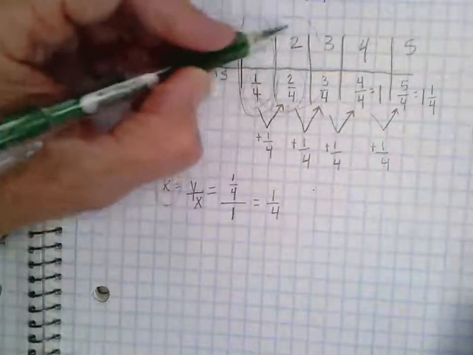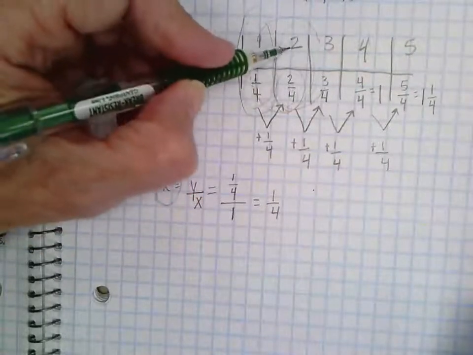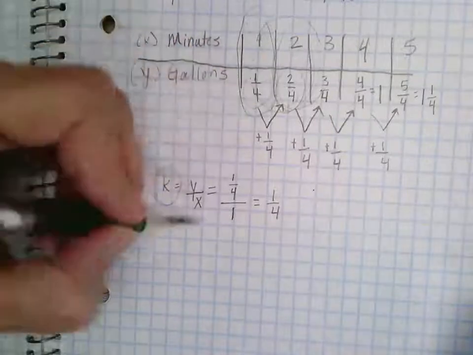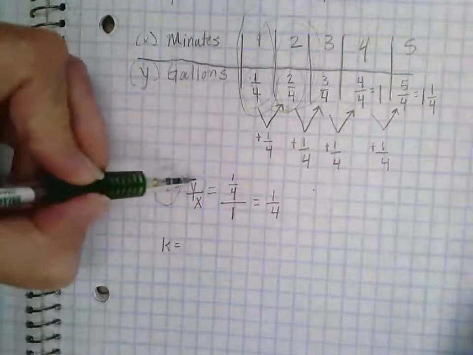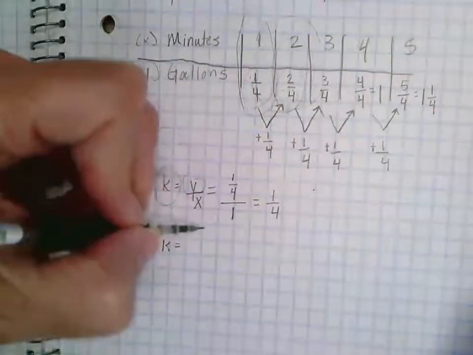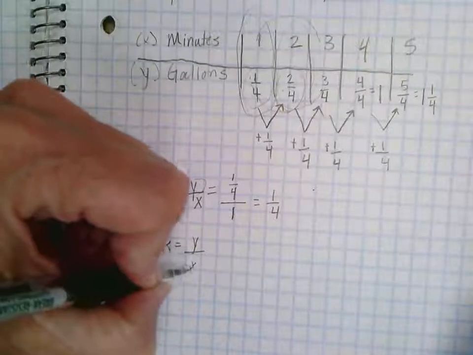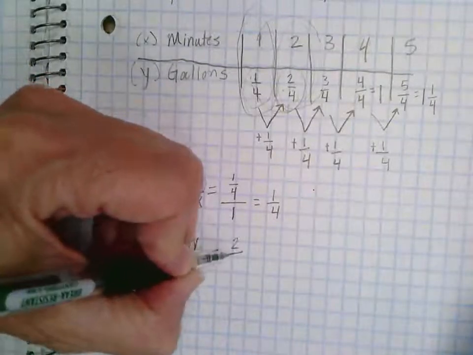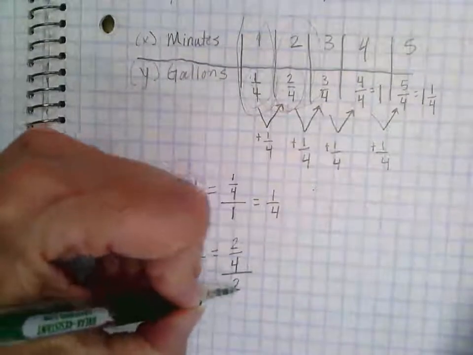If I look at my next column, I have 2 and 2/4 for my values, but I'm going to put my Y value on top, which is 2/4, and divide that by 2.